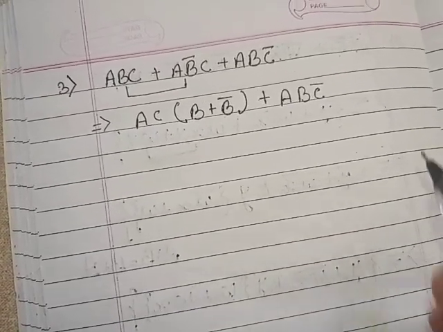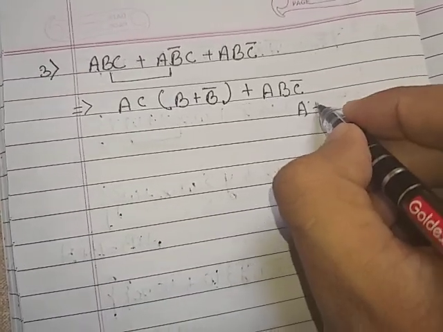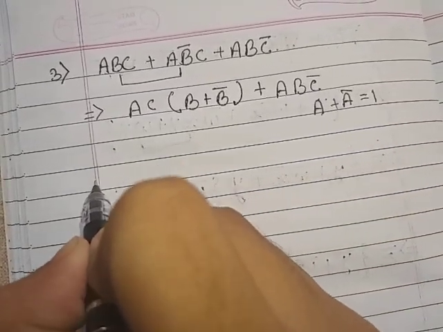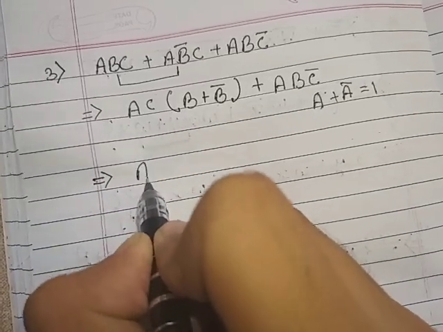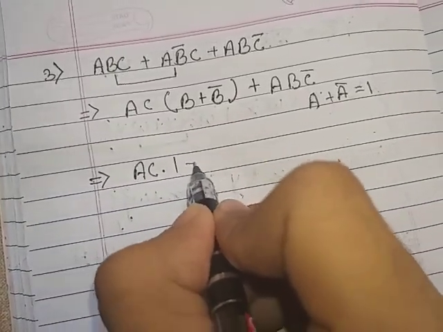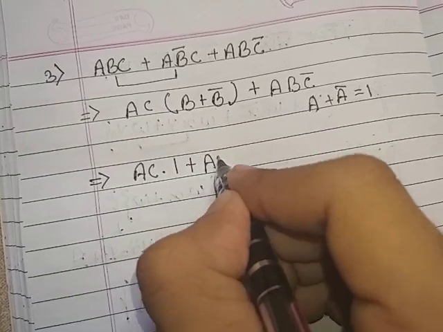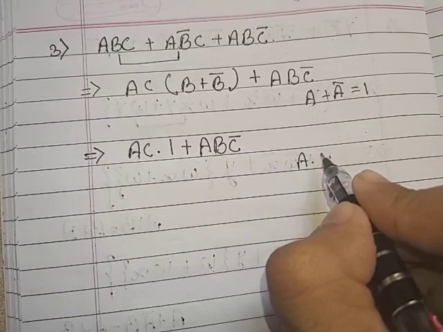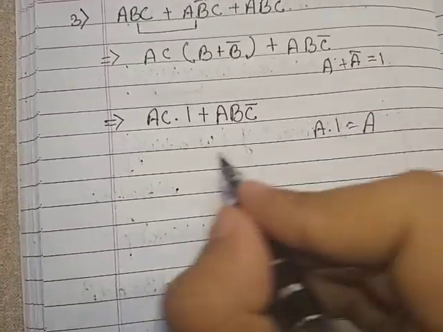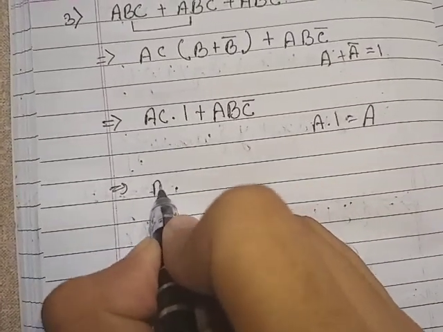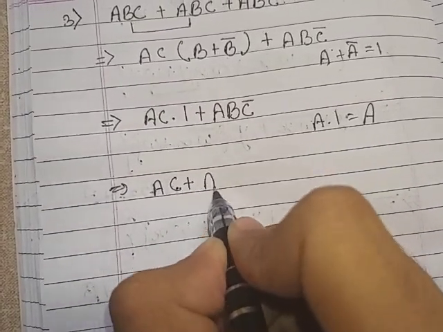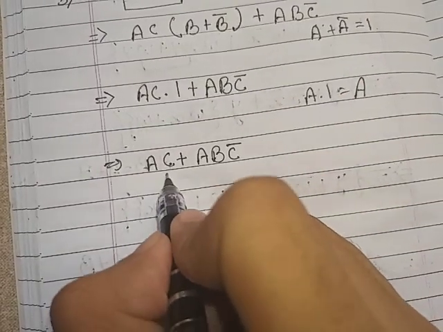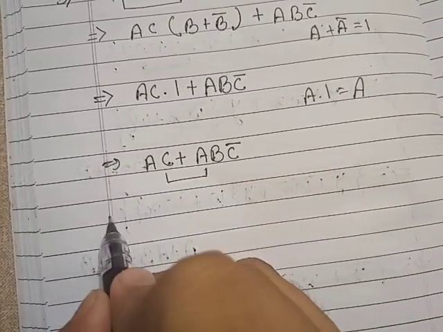Now we know that a plus a bar is equal to 1. So we have ac dot 1 plus abc bar, and a dot 1 is equal to a. So we have ac plus abc bar. Now from these two terms again, a is taken as common.